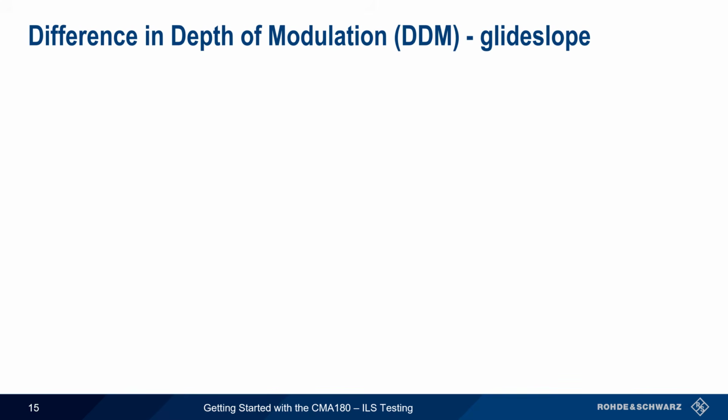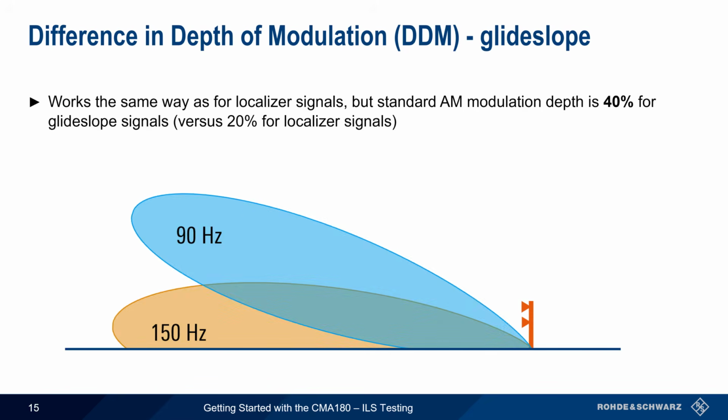Glide slope is also analogous to localizer when it comes to difference in depth of modulation, but with one important difference. The standard AM modulation depth along the glide slope is 40% for each lobe, as opposed to the 20% standard modulation depth seen on the localizer centerline. The formula for DDM is, however, the same in both cases.